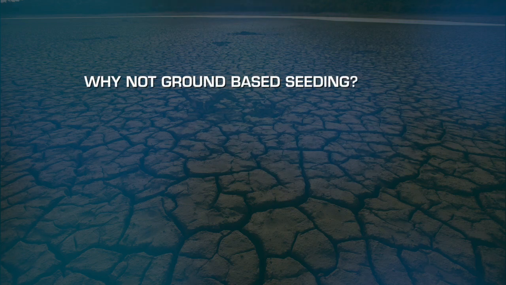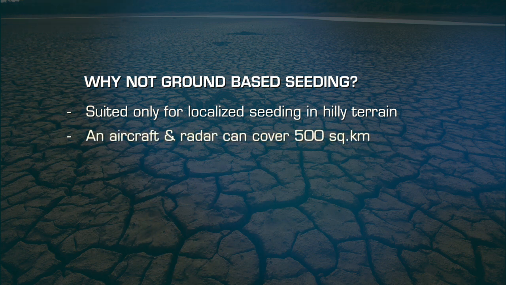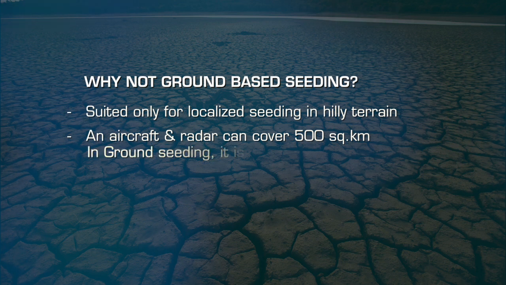Why not ground-based seeding? Ground-based seeding is suited only for localized seeding, especially in complex hilly terrains. One single aircraft and radar can cover approximately 500 square kilometers. In ground-based seeding, to cover a similar area, it would take massive infrastructure, manpower, and might turn out to be more expensive.